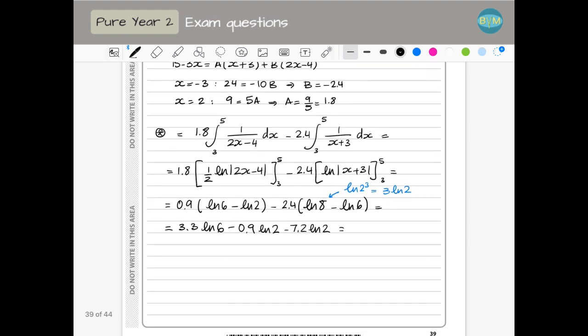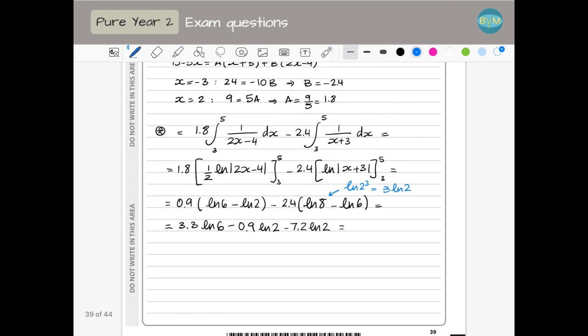And now I can write the ln 6 in this next step as ln 2 times 3, which is ln 2 plus ln 3. So this is going to be 3.3 ln 2 plus 3.3 ln 3, just substituting this here.